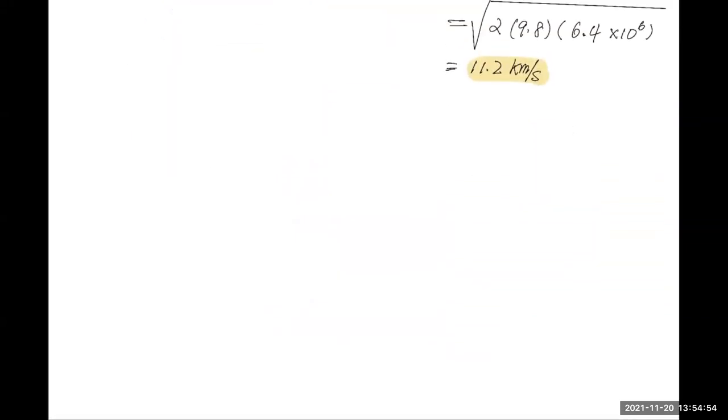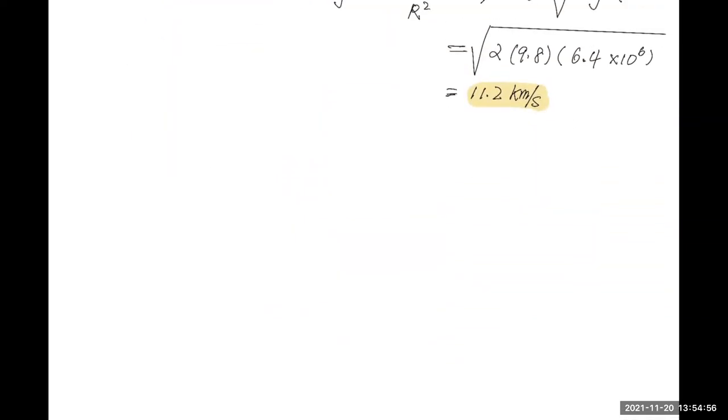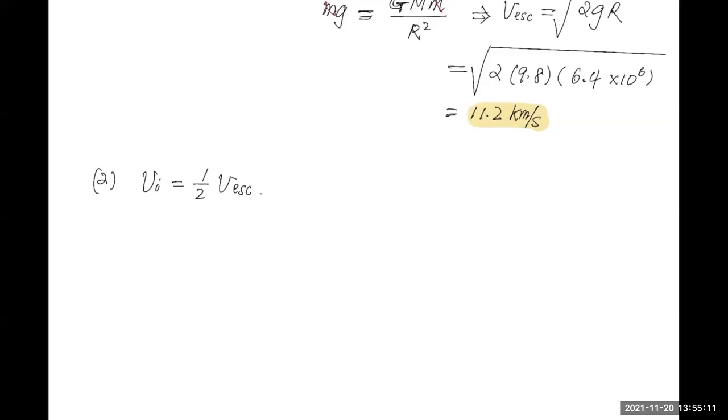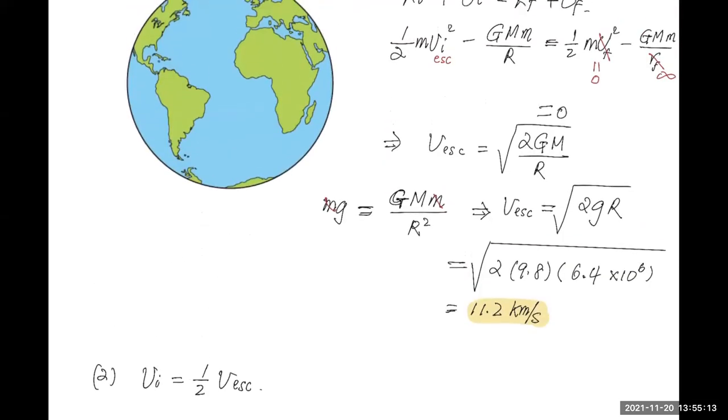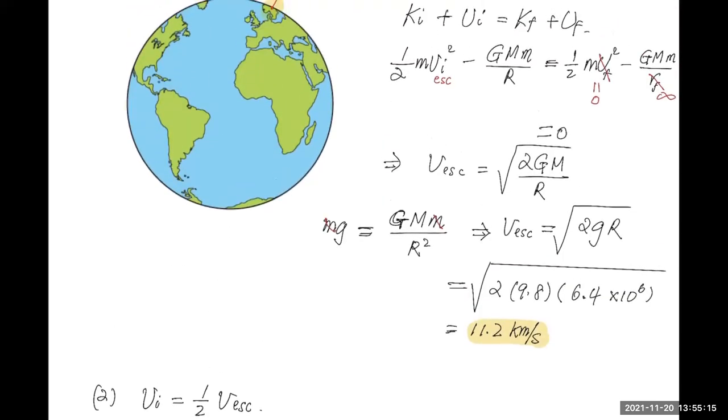So this time I have v initial equals half of v escape. Okay, now if you have v escape, then the initial kinetic energy, this term, and the initial potential energy, that term, they would have the same magnitude, right?